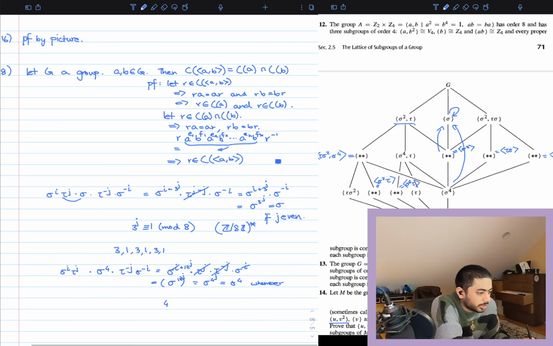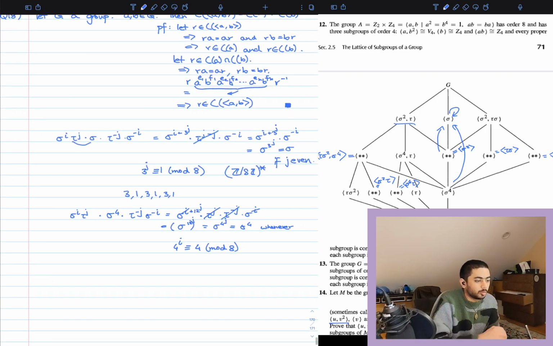The question is, when is 4 to the j equivalent to 4 mod 8? Well, what are the powers of 4 in Z mod 8Z? We've got 4. Then 4 squared is 16, which is 0, and then 0, and 0, and 0.